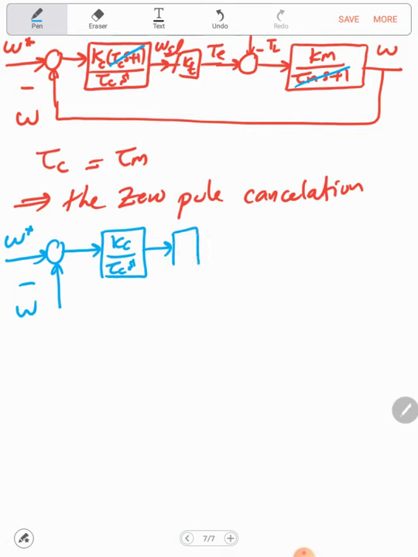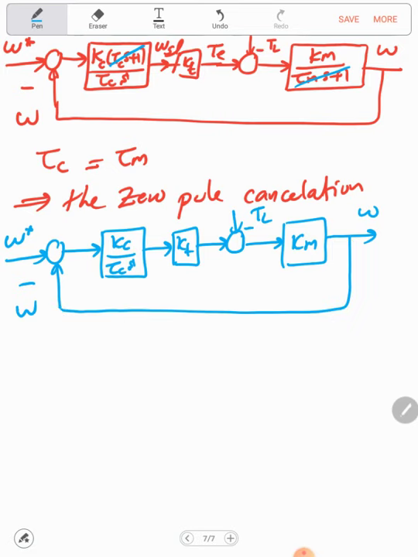Here is Kt, and this is the load, and here we have the constant Km, and this will be the shaft speed, and this the closed loop. Now here, using the zero pole cancellation, the system becomes first order.